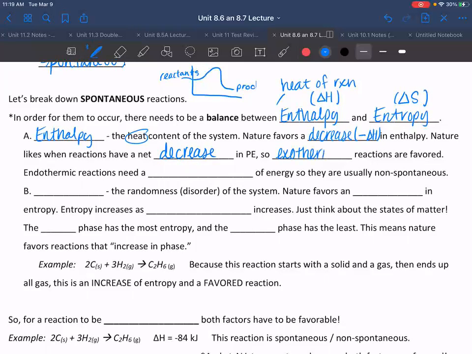So nature likes exothermic reactions. These are the type of reactions that give off heat to their surroundings. The potential energy of the reaction decreases, so it gives off heat. This would be an example of our water in the calorimeter: when it heats up, it's because of an exothermic reaction. Nature likes that. Endothermic reactions are not as favorable because they need a constant input of energy.